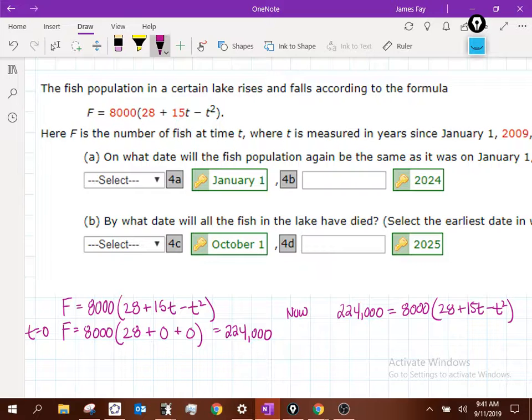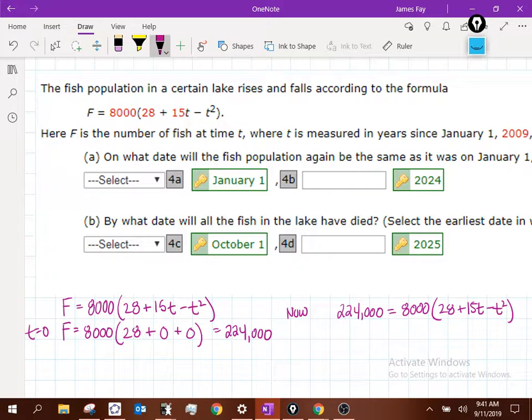If I solve that equation, thinking about what we just did to get that 224,000, one of our answers to that equation should be 0. Does that make sense? The other one should be, right, I think we're going to find out it's going to be an integer, which is nice.